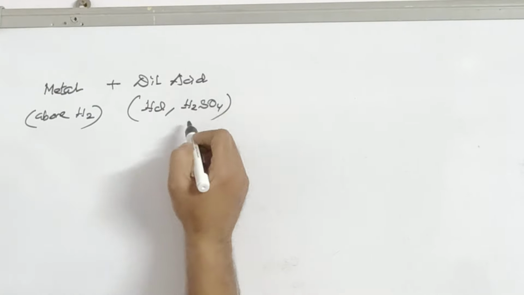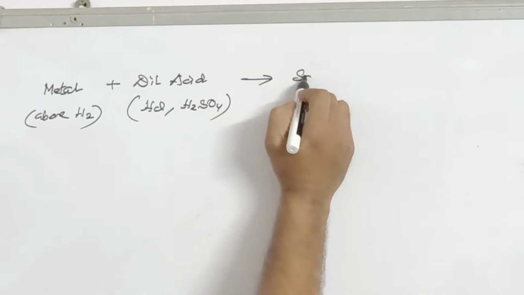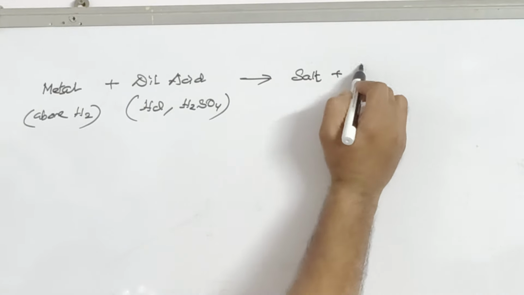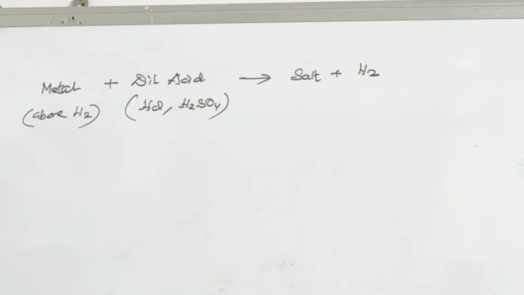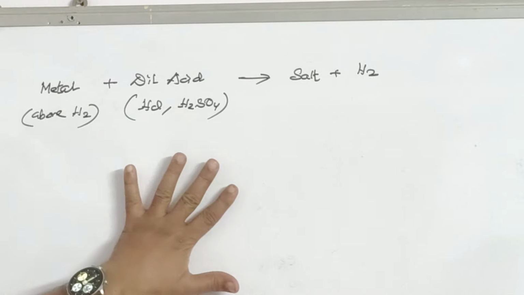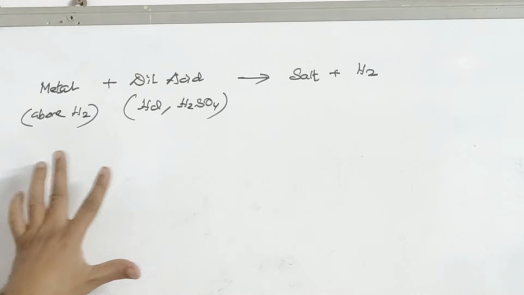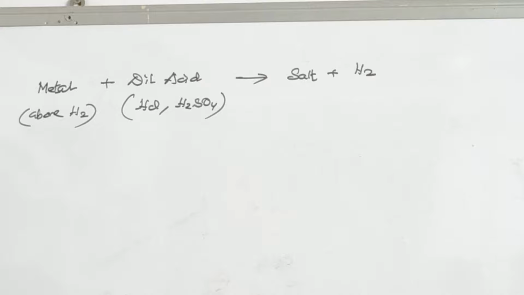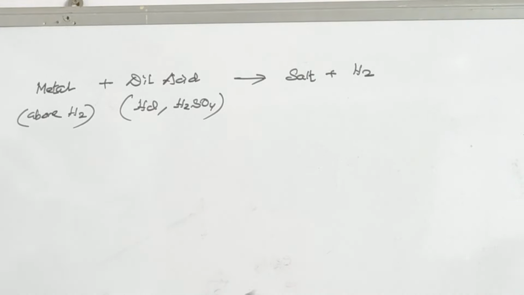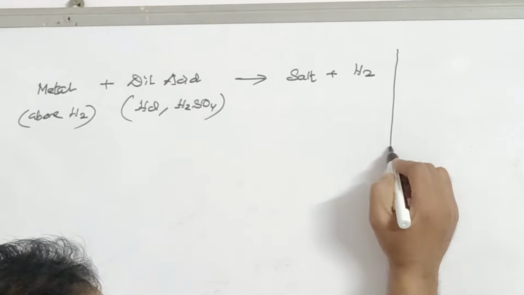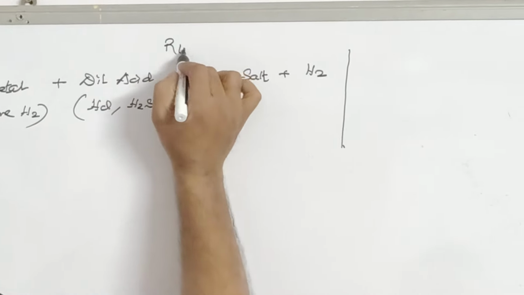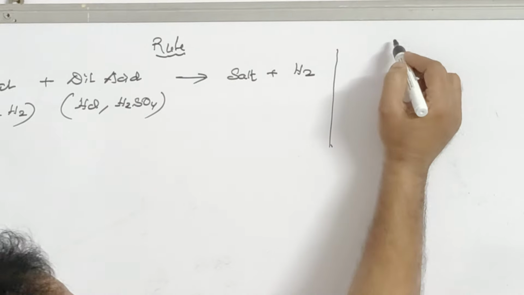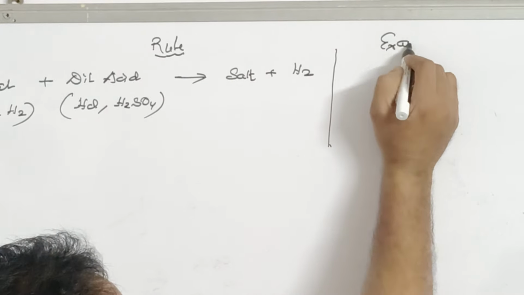Then we get the salt along with hydrogen gas, right? See, this is a very important equation. If you select two acids and 8 metals, potassium, sodium, calcium, magnesium, aluminum, zinc, iron, lead, 8 into 2, 16 equations can be possibly written. See, I am writing one equation. This is the rule. This is the example.